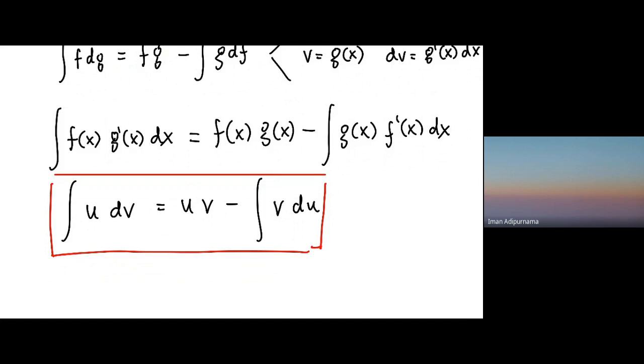Sometimes we need to try several times to make corrections. Then once we have u and dv, we need to find du and v, put everything into this equation, and solve to find the solution.